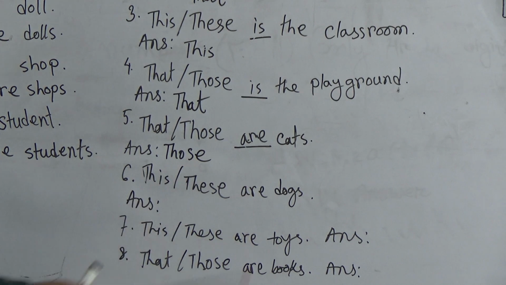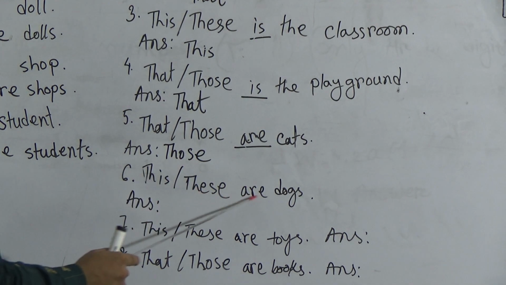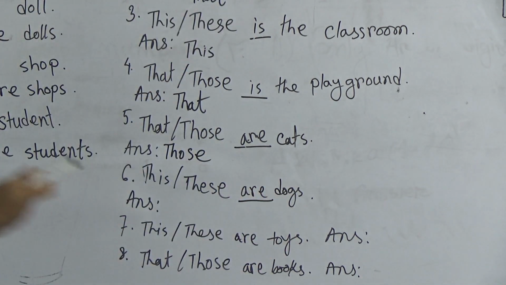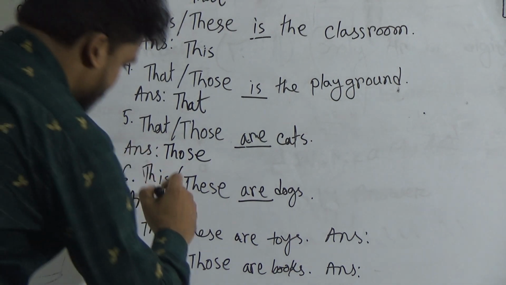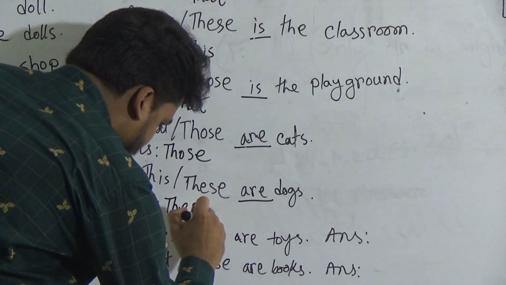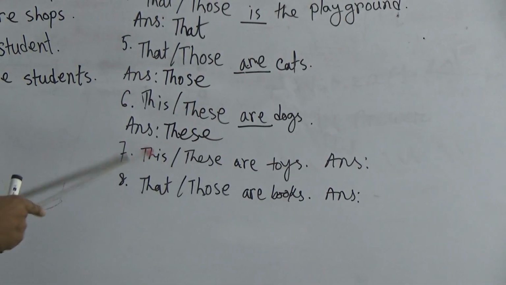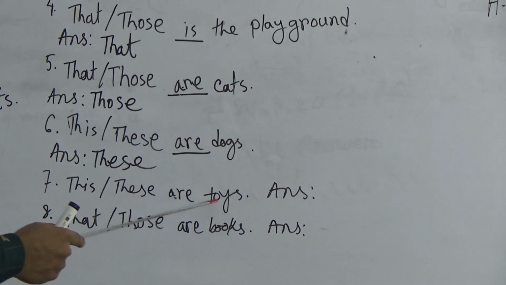Those are cats. Number 6, these or those are dogs. Here are, you have already learned, is a plural verb. That's why you have to use a plural pronoun. These are dogs.